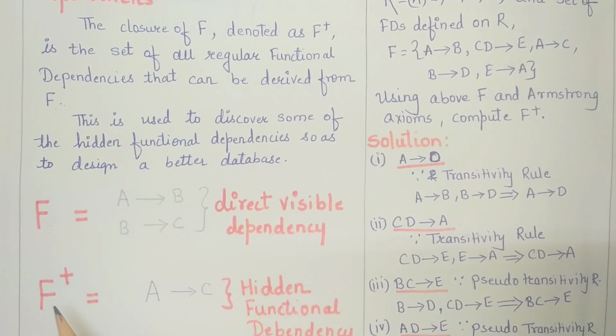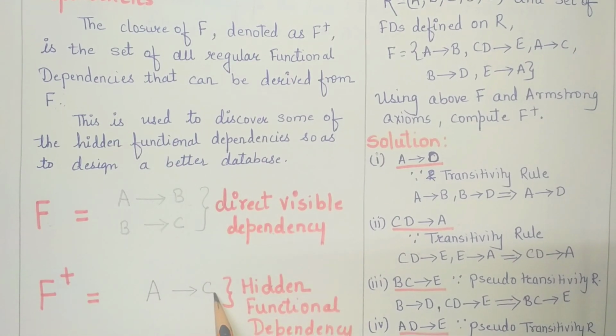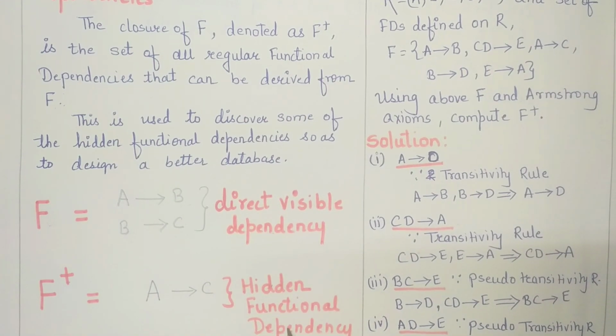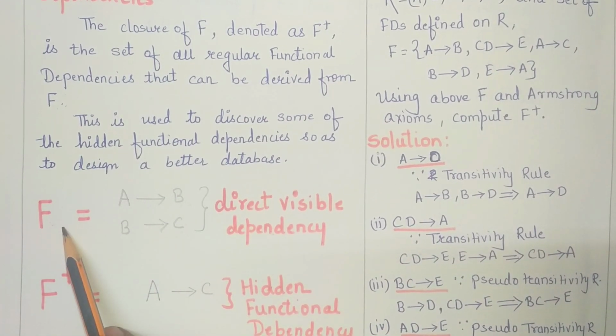Now let's understand what F closure is. Here you can see it is A determines C. This is the hidden functional dependency which we have derived from F. How have we derived it from F?